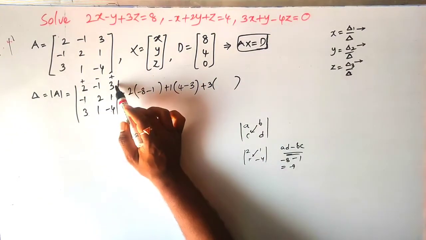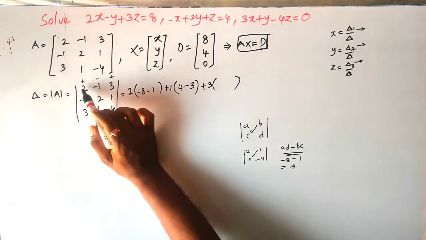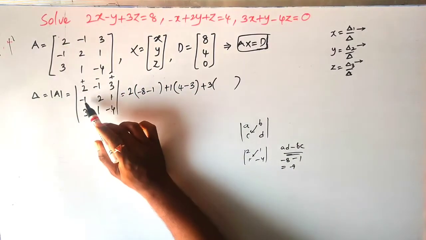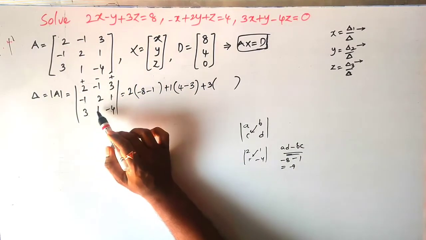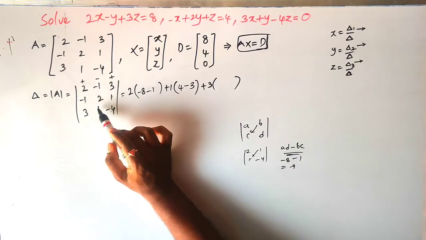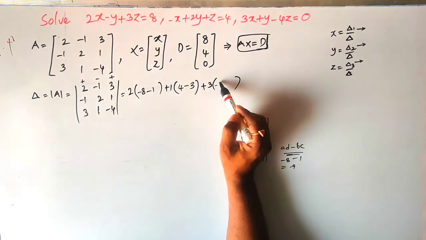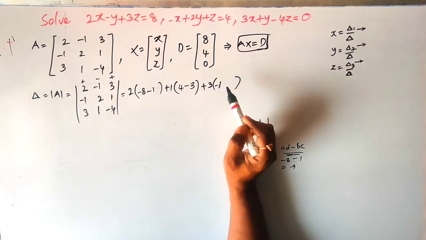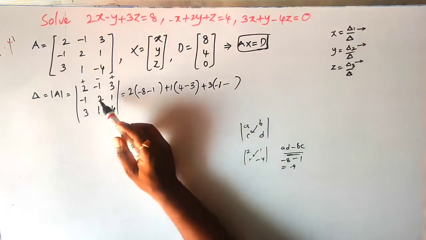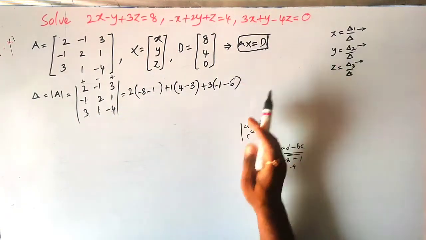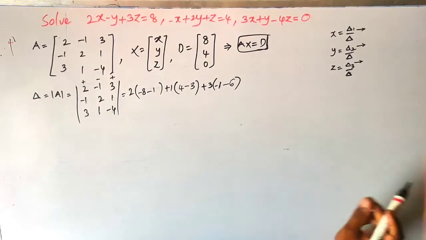Plus 3 is in first row, third column; except this row and column we get minus 1, 2, 3, 1, AD minus BC, minus 1 into 1 minus 6. Six we get here.